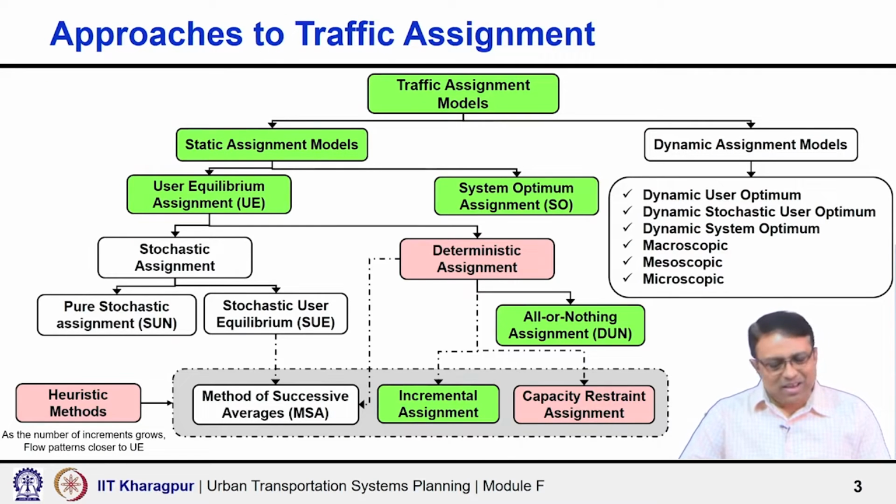Now, we go to another kind of assignment, capacity constraint assignment, because, as we have been talking about, in urban road networks on many occasions some links or some paths may have less capacity than the actual demand. That is another reason why the demand will be distributed to multiple roads.